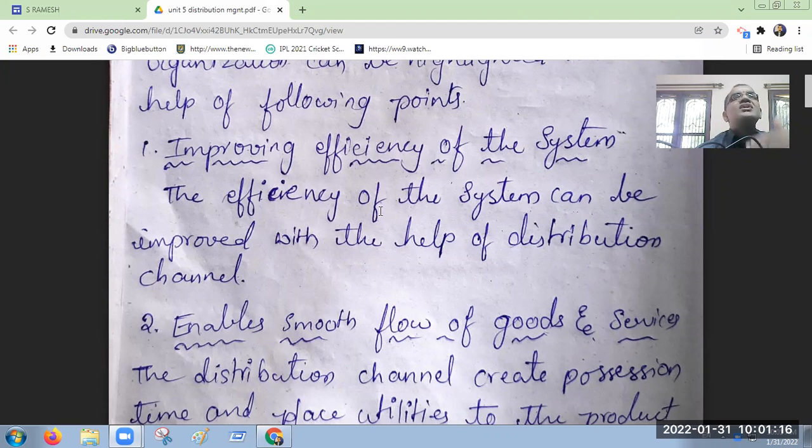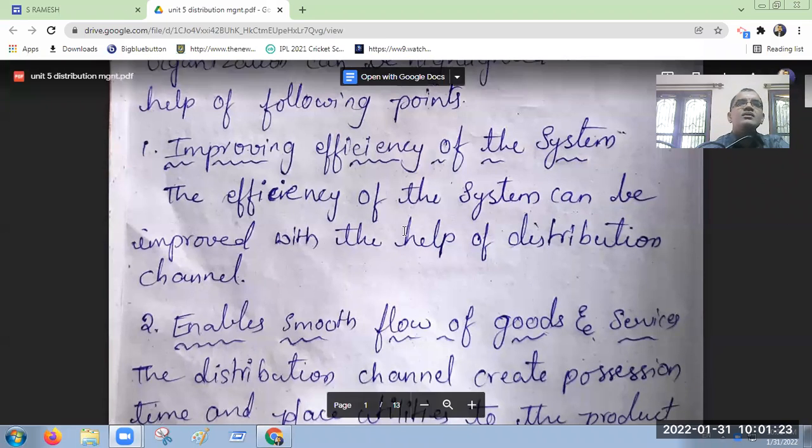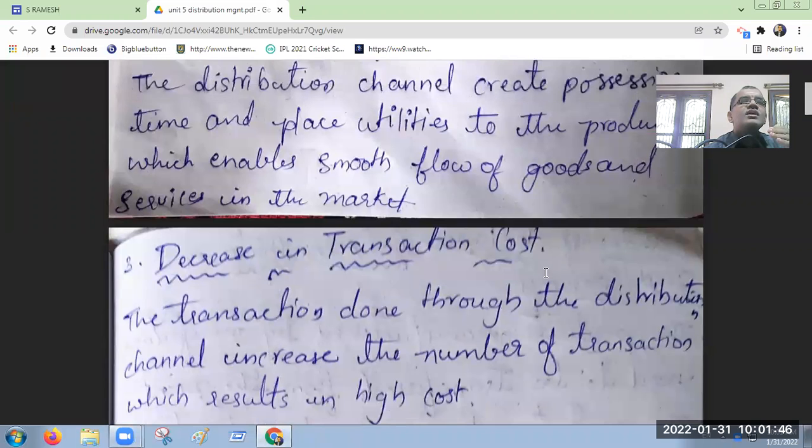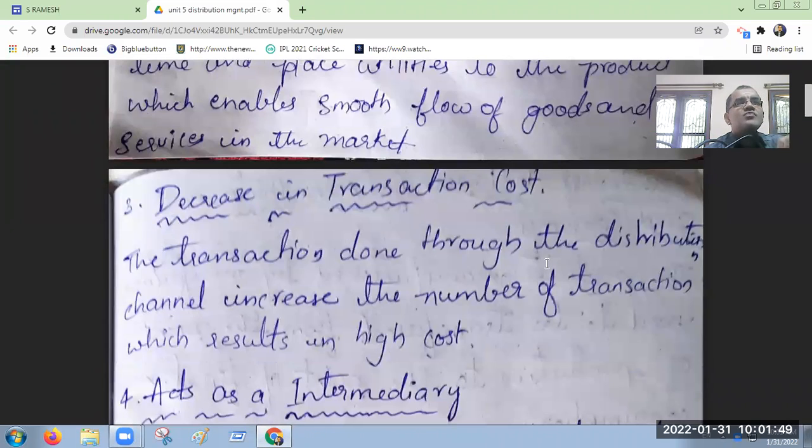In order to improve efficiency, the producer has to choose a correct channel of distribution. With the help of the distribution channel only, smooth flow of goods and services is possible. Without correct channel selection, it is not possible to ensure flow of goods from production point to ultimate customer. So for the smooth flow of goods and services, apt channel selection is important.